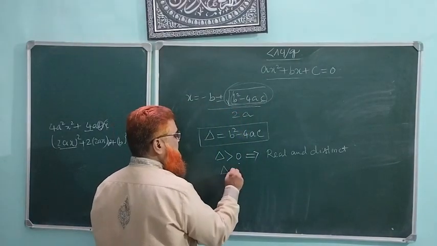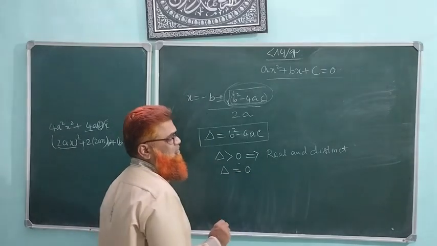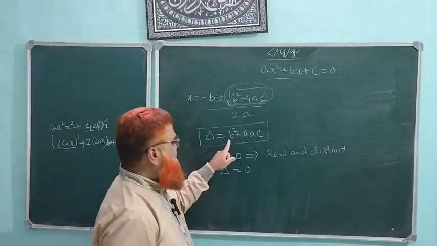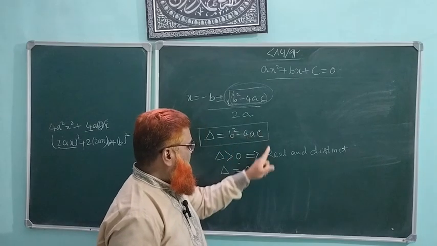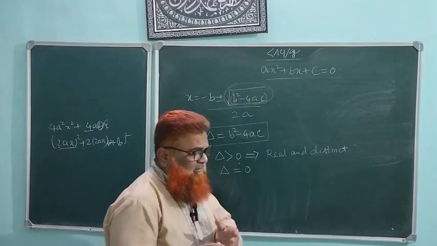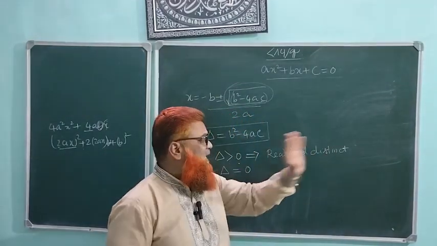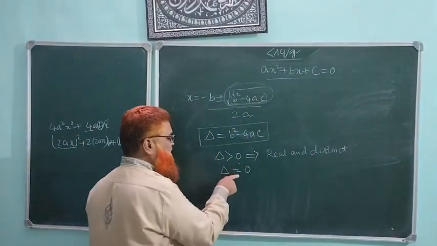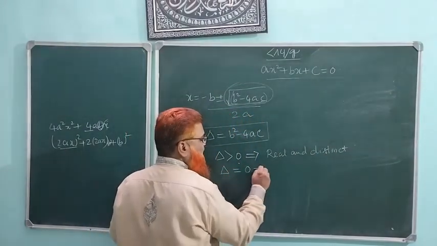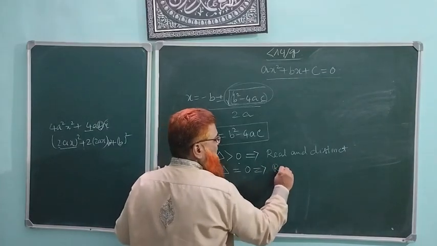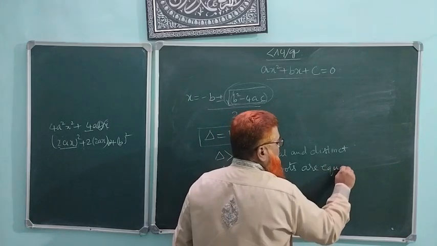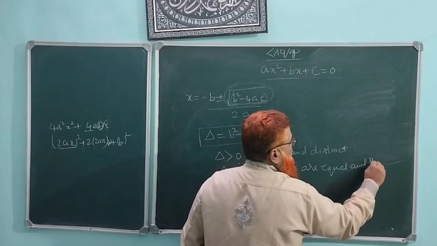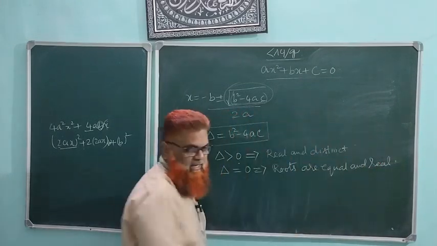And if the delta is equal to 0, delta means what? If you substitute what is b, what is a and what is c, if that gives a value greater than 0, the roots are real and distinct. If it gives equal to 0, that implies that the roots are equal and real.